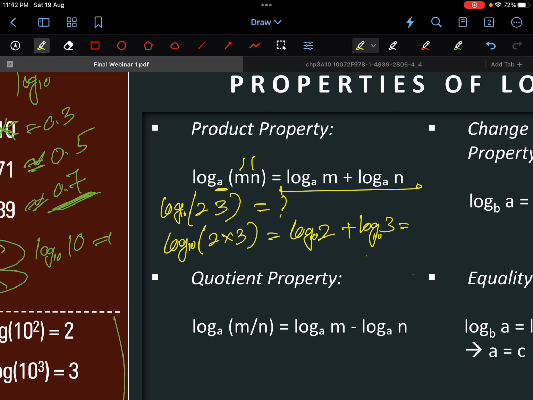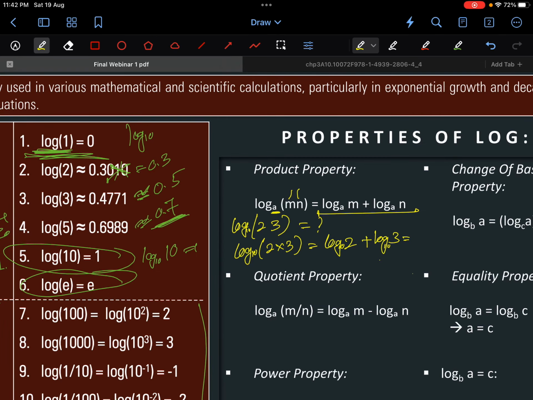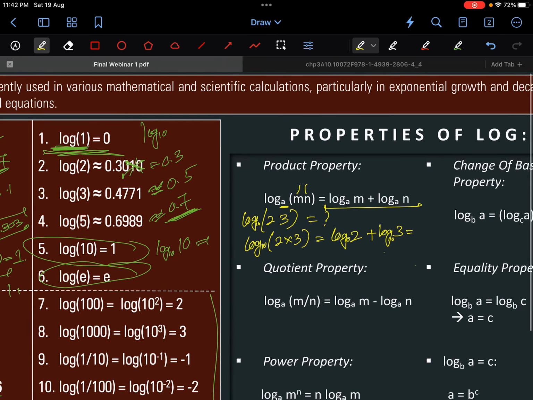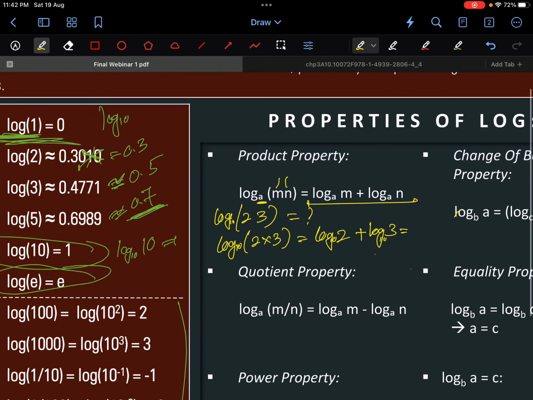So log base 10 of 2, what is the value of log 2? Equal to 0.3, plus log 3 is 0.5. Again, these are approximations, so if you put it into the calculator, it will be very close to what I'm writing here. So the answer is almost 0.8. If we want to remove the approximation a little bit, it can be close to 0.78. Okay, we can write that 0.78.